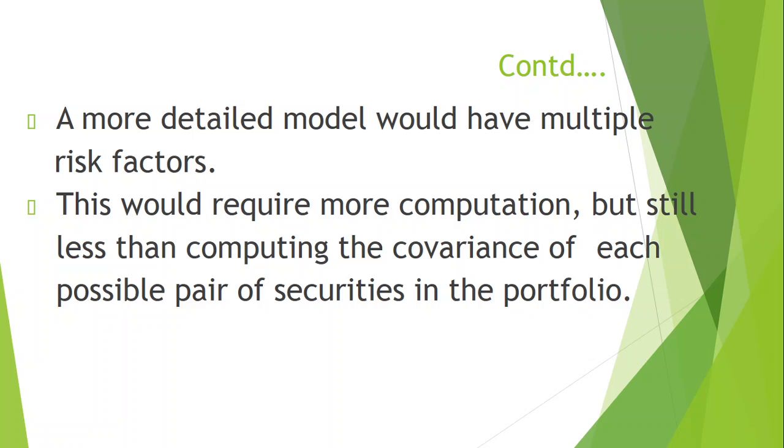With this equation, only the betas of the individual securities and the market variance need to be estimated to evaluate covariance. Hence, the index model greatly reduces the number of calculations that would otherwise have to be made to model a large portfolio of thousands of securities.